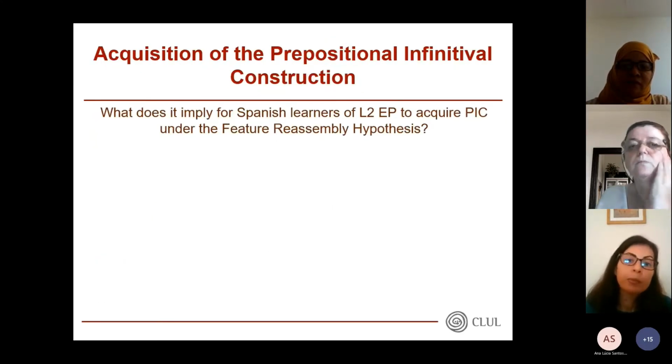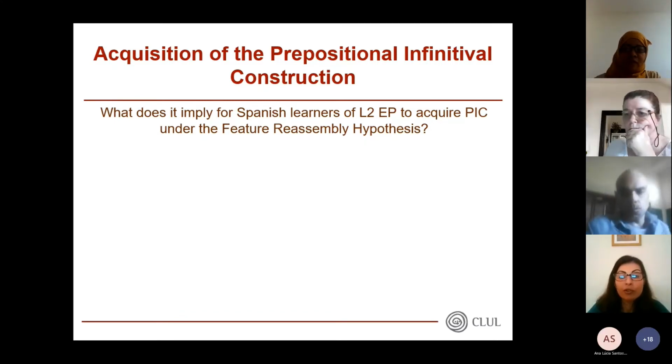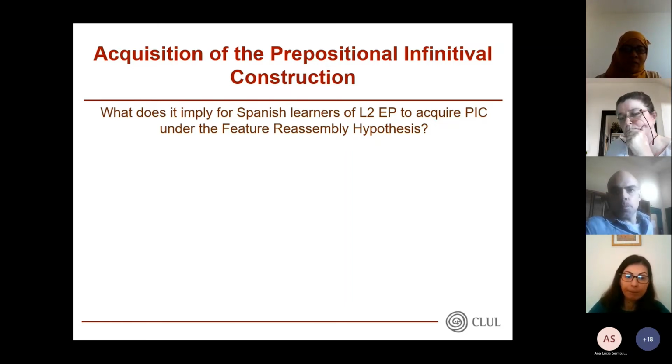So considering the properties of the two structures and the SLA framework that has been discussed so far, what does it imply for Spanish learners of Portuguese to acquire the PIC?